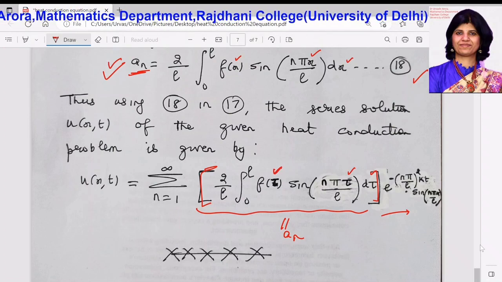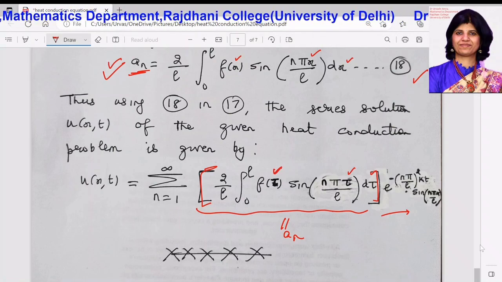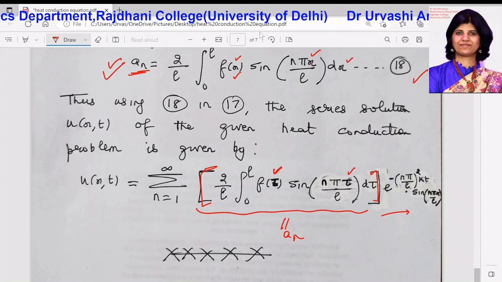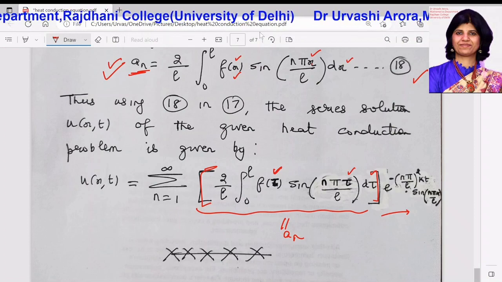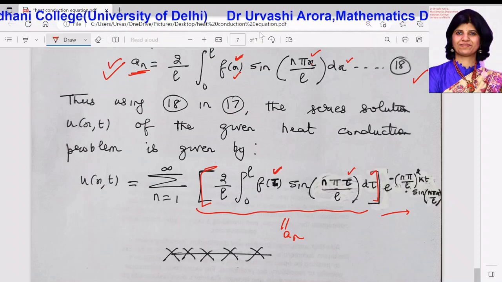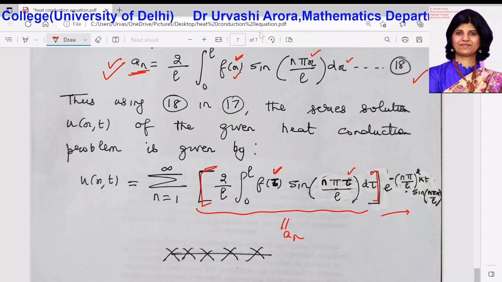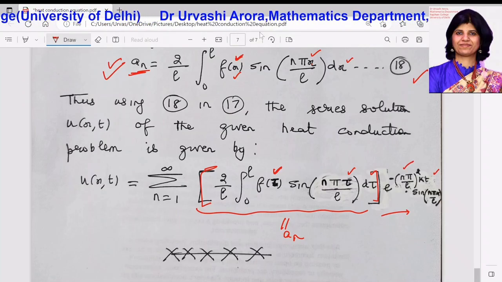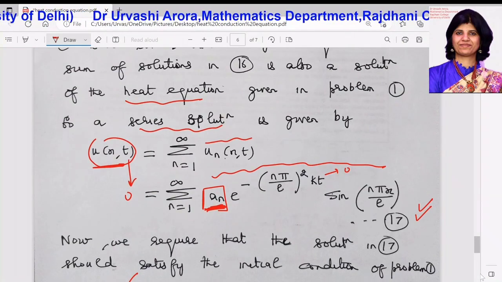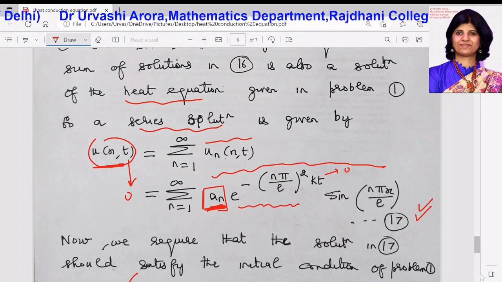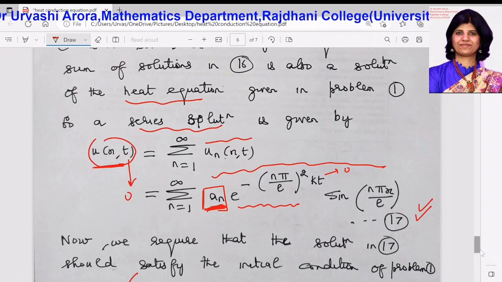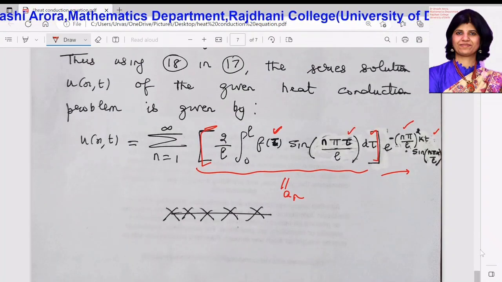So this whole thing represents a_n, and instead of x I am taking tau, because inside the definite integral it hardly matters whether you write x or tau, it is one and the same. And these expressions are as they were in 17. There is no change in the expressions outside a_n. These expressions are e to the power minus (n pi by L) square kt into sine(n pi x by L). The same expressions are written over here.